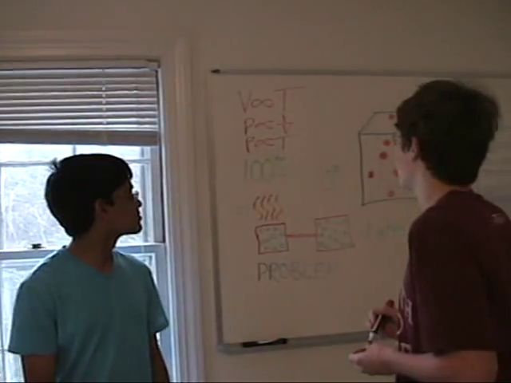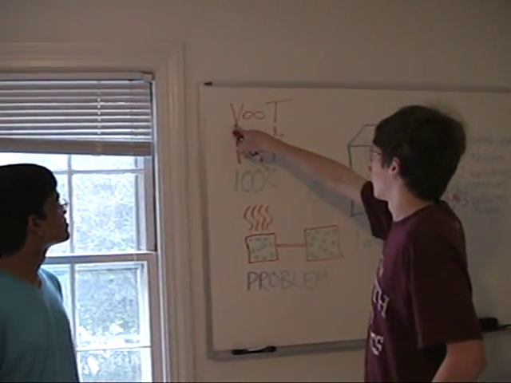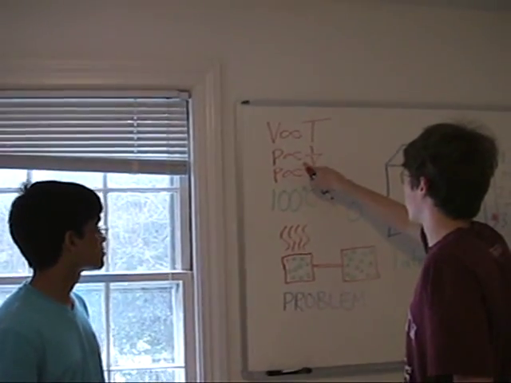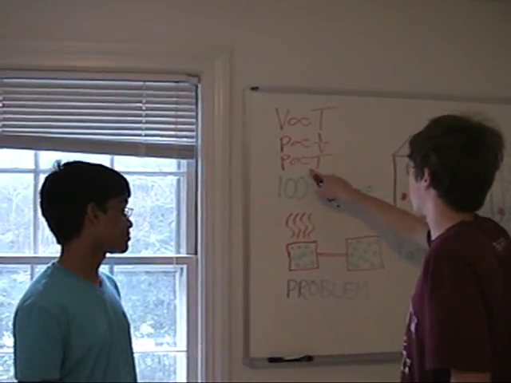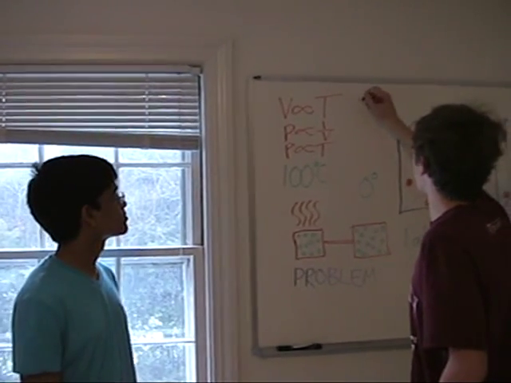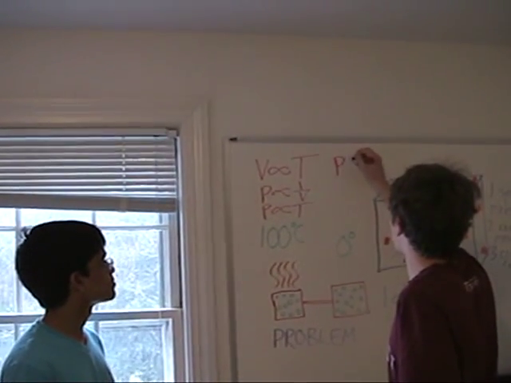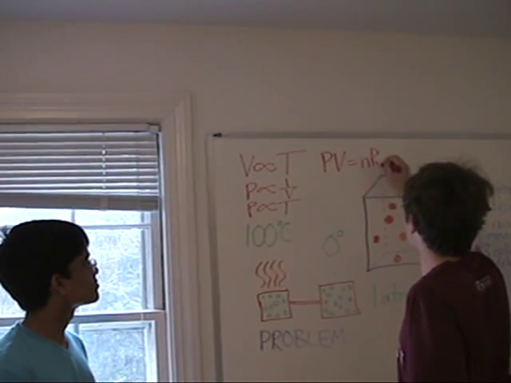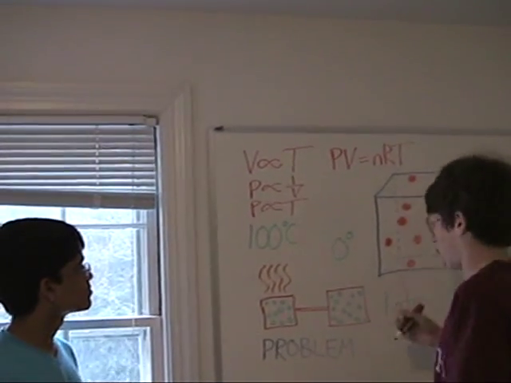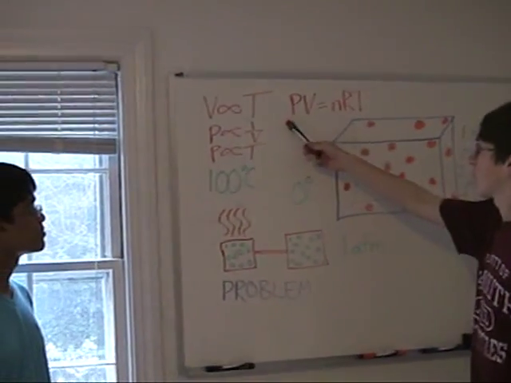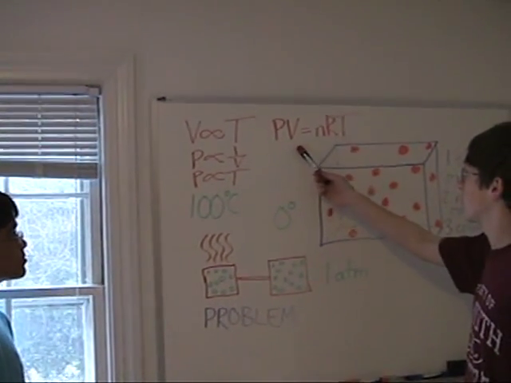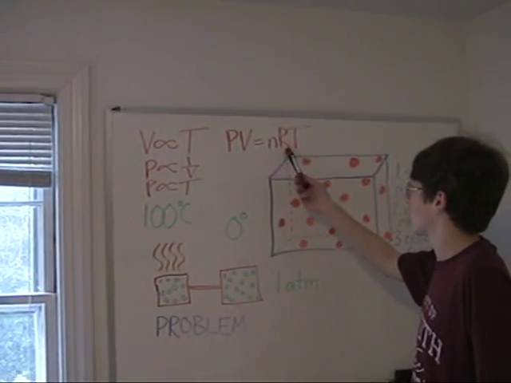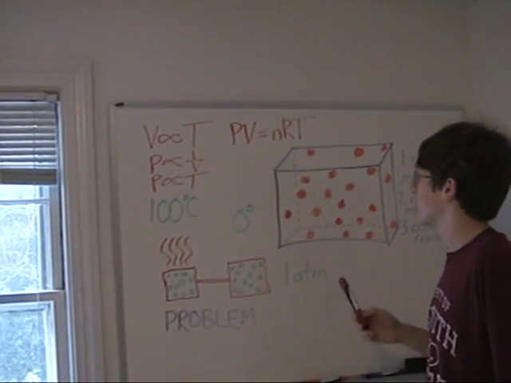If you take these together, knowing that volume is proportional to temperature, pressure is inversely proportional to volume, and pressure is proportional to temperature, you can form the combined gas law, which says PV equals nRT, where P is the pressure of the gas, V is the volume, n is the number of molecules, R is a constant, and T is the temperature.